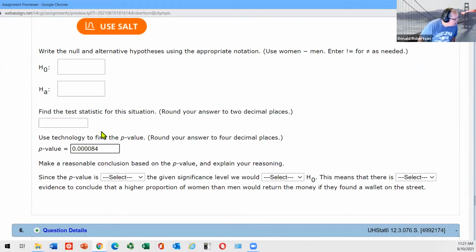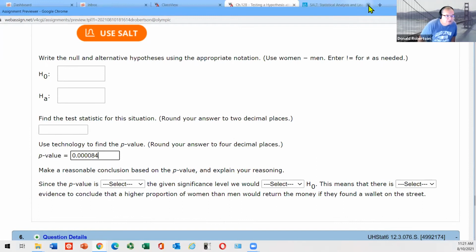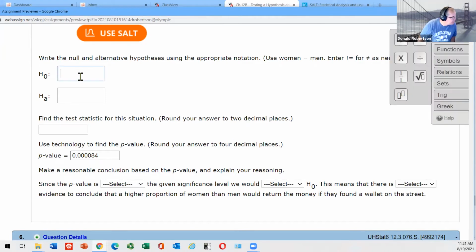And the test statistic was that Z score, which I now can't remember, but whatever the Z score was, you put it here. This one here, you're going to put, that's interesting. How am I going to do this? I need to check something out.